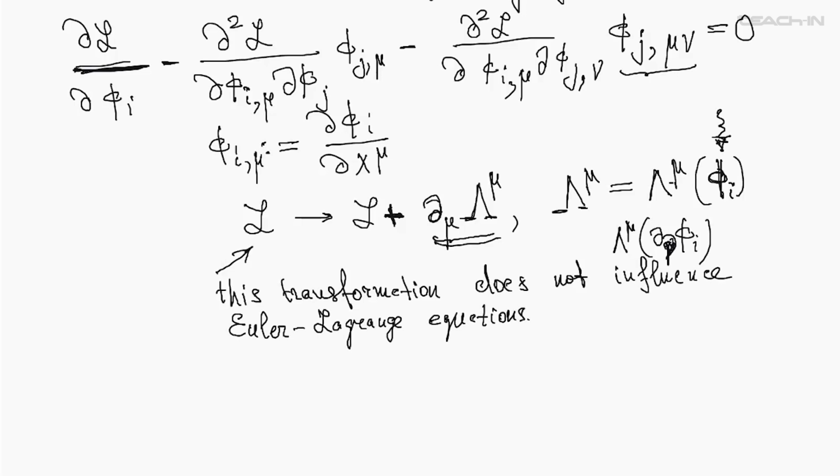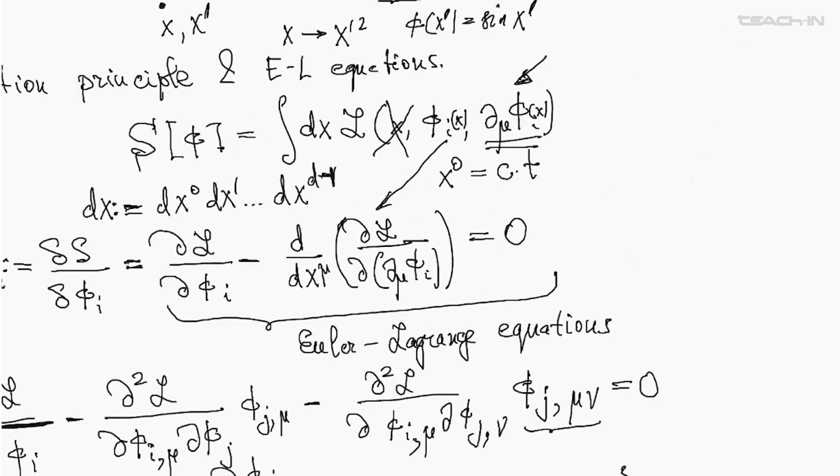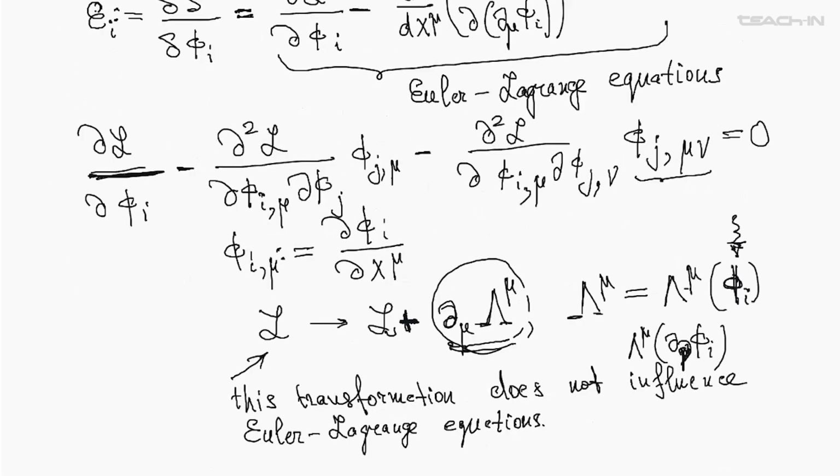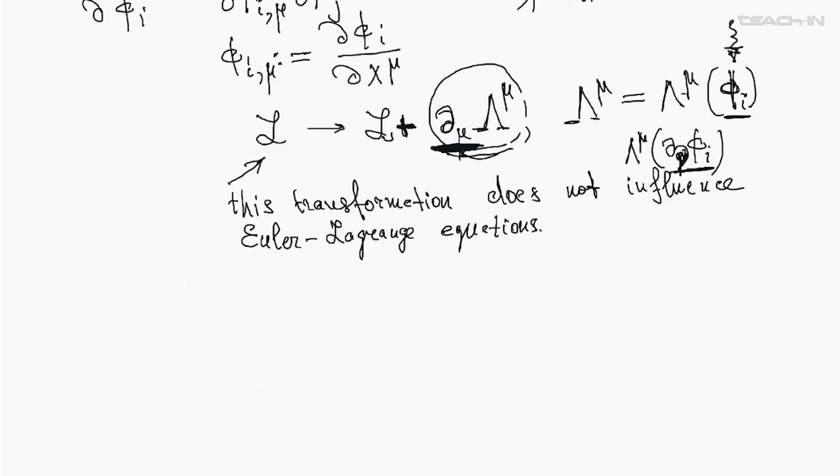And this is because I want my new Lagrangian, which now contains this extra total derivative, to continue to depend only on the first derivatives of the field phi, because this external differentiation by d mu will now produce the first derivative of the field phi I. But would there already be a dependence on the derivatives of phi I, then this external derivative d mu would produce higher derivatives of phi I, and then the new Lagrangian will not depend only on the first derivatives of the field, but also on the higher derivatives. And this is something which we would like not to have.